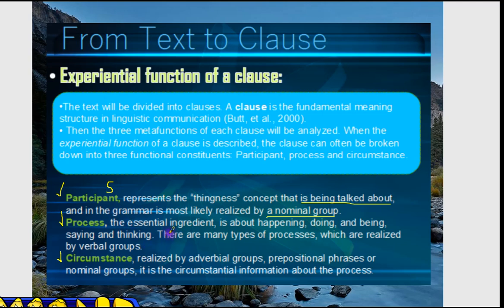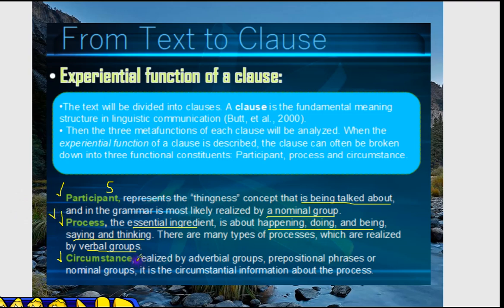Process, the essential ingredient, expresses what's happening, doing, and being, saying, and thinking. Many types of processes which are realized by verbal groups. So basically, when we mention process, we're talking about the verb.